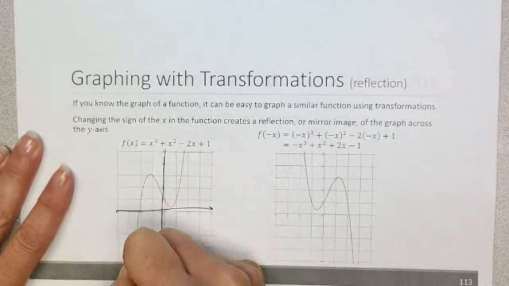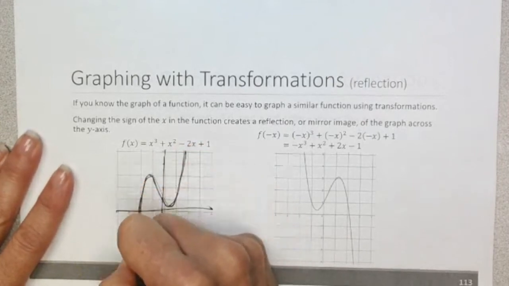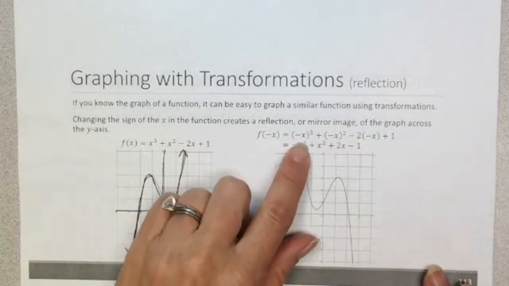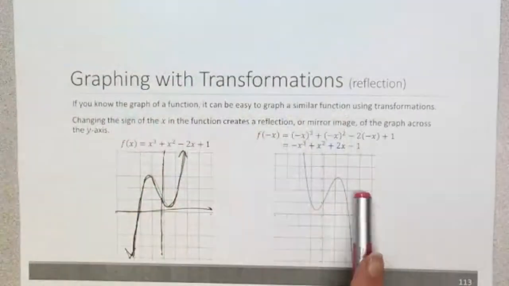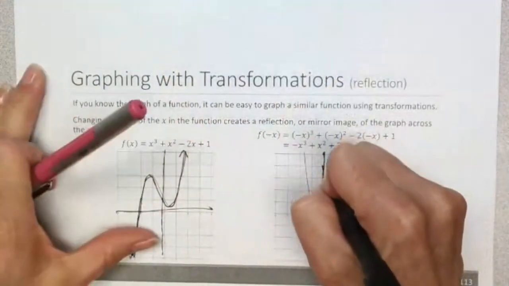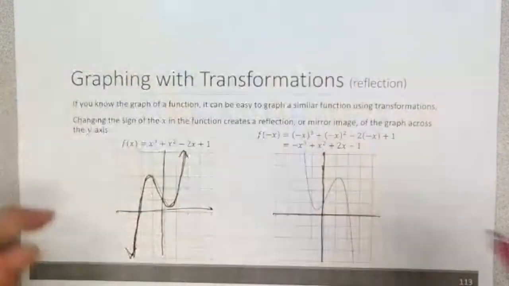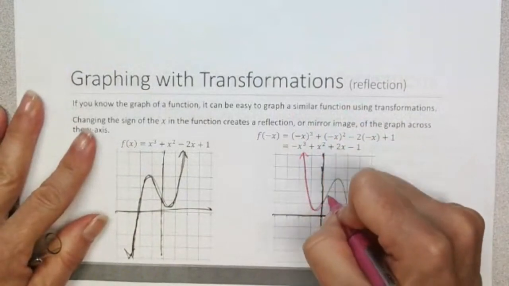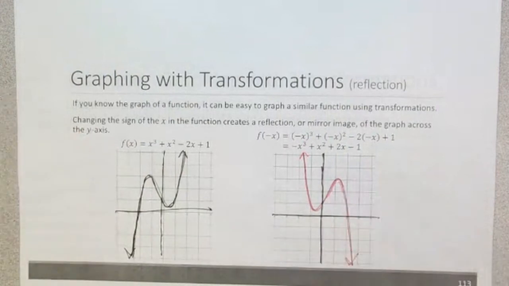So if we have this graph here, same one, f of x, to get f of negative x, all of our x's become negative, so we're reflecting across this y-axis. Here's our y-axis. I'll draw that in a little darker so you can see that better. Now our graph is the pink graph that's reflected across the y-axis.